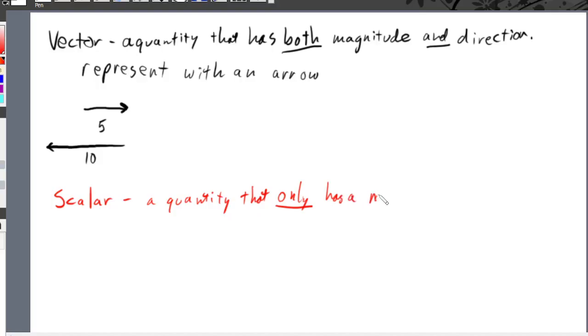That is, it only has an amount. It only has a size. It does not have a direction. It's a quantity with no direction, like so many people in life.